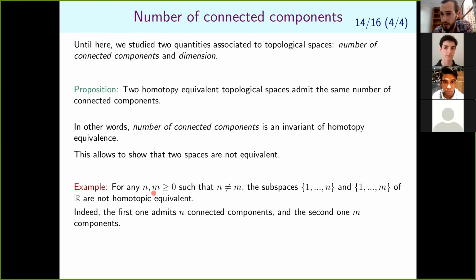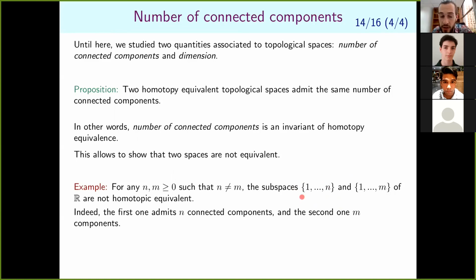Take n and m integers, different integers, and consider the subspaces of R that consist in the first n integers for the first set and the first m integers for the second set, endow them with the subspace topology.